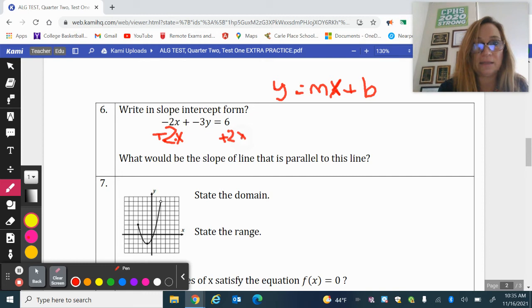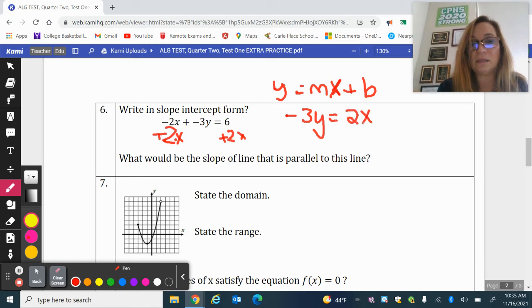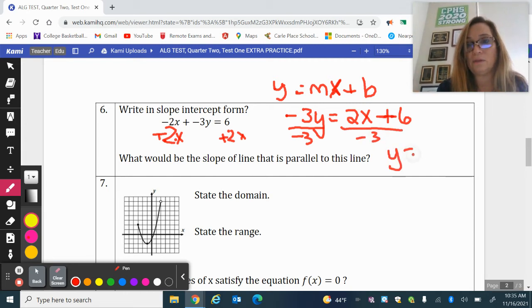So that's negative 3y equals 2x plus 6. And then you got to divide by this -3. So that's y equals -2/3 x minus 2. Okay.